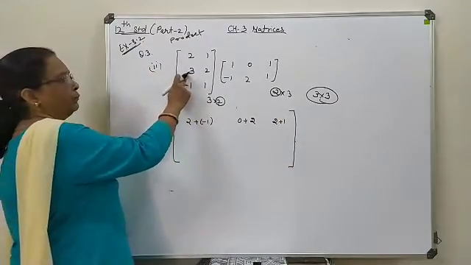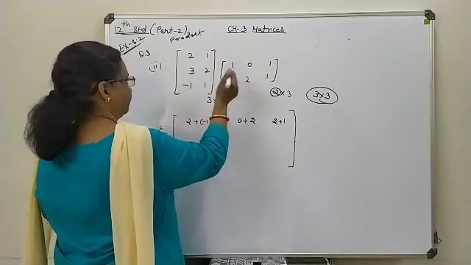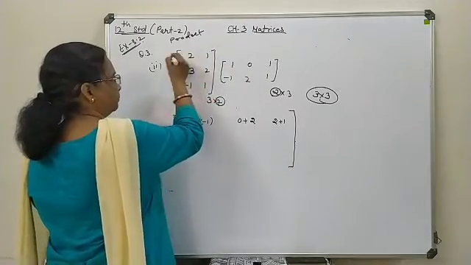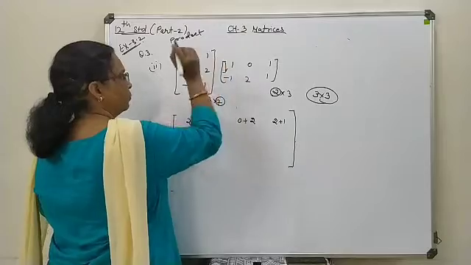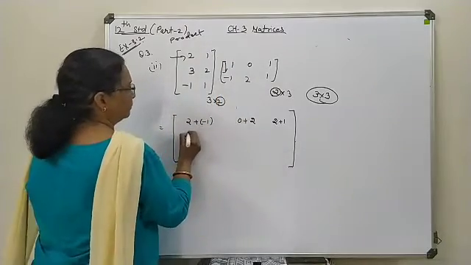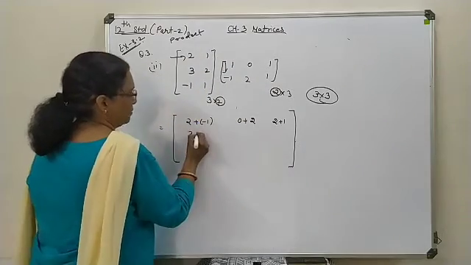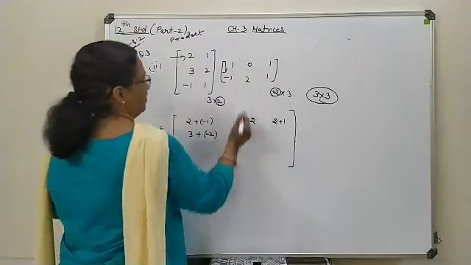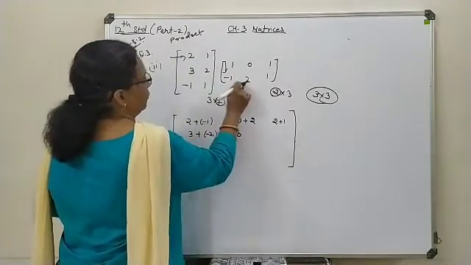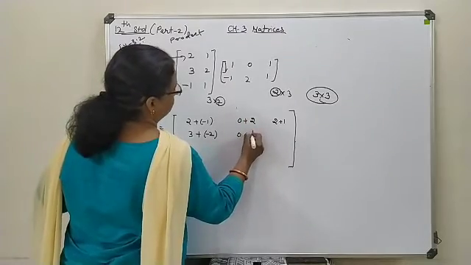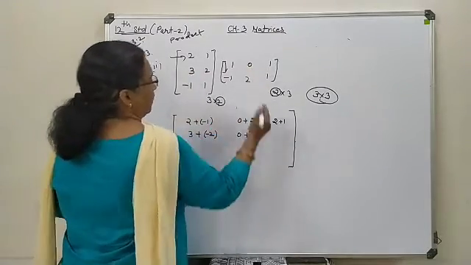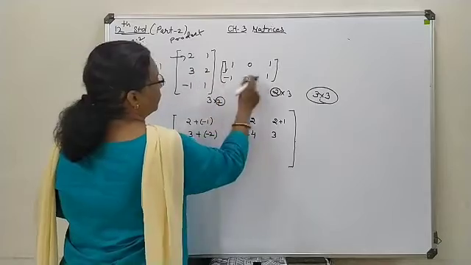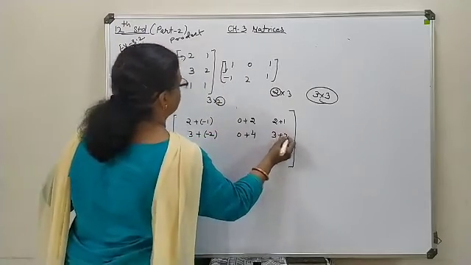move to the second row, first column. This way you will always move. 3 into 1, 3. 2 into minus 1, minus 2. 3 into 0, 0. 2 into 4, 2, 4. 3 into 1, 3. 2 into 1, 2.